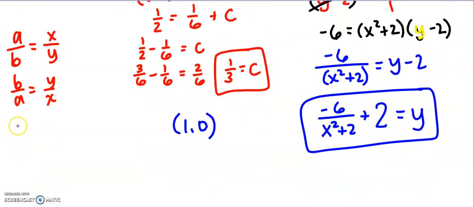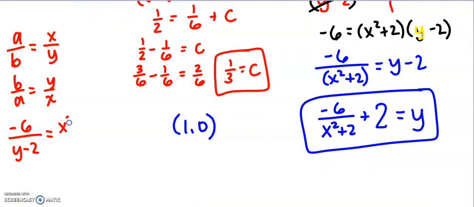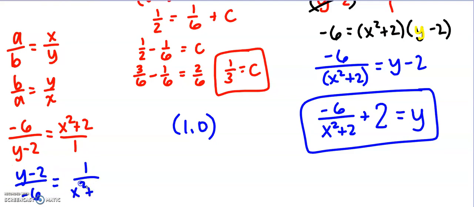So from that line in red, when I had negative 6 over y minus 2 equals x squared plus 2 over 1, it is perfectly legal to just flip these fractions, and then solve for y. If you like that better, that's totally fine.